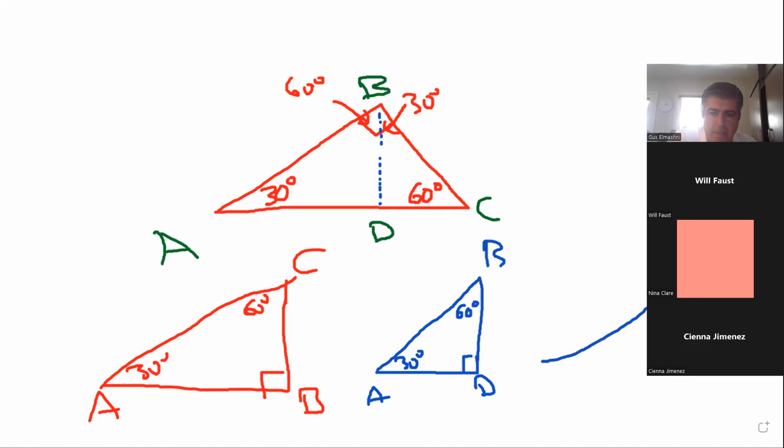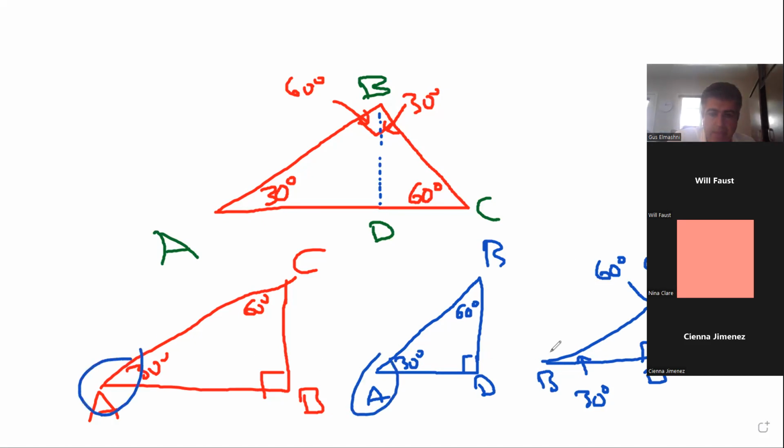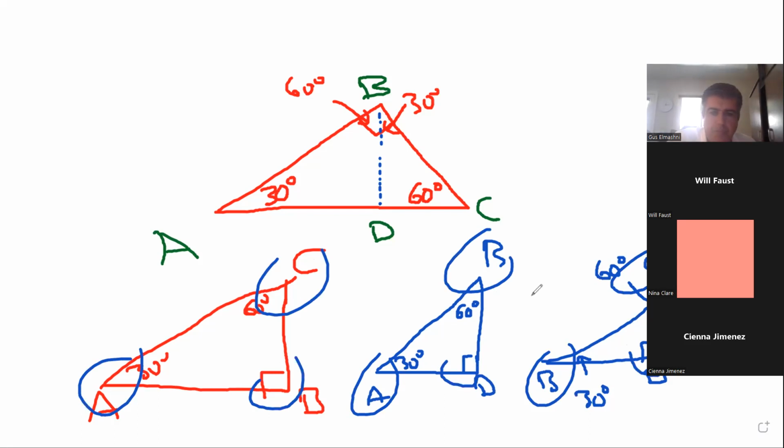And then I look at BDC, that's 30 degrees, and that's 60 degrees. You're going to see all corresponding angles equal each other. Angle A, and then this angle B here. Angle C, angle B, angle C, and then these right angles here. So you wind up forming three similar triangles that are all right triangles as a result.